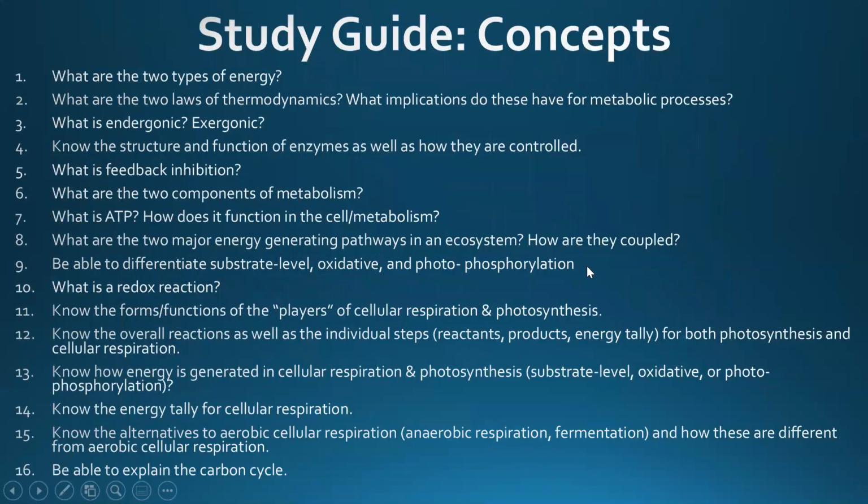All right. And then obviously you have the study guide questions. Again, this is chapter 6 and chapter 7. So you should be able to answer all of these questions after going through the review.